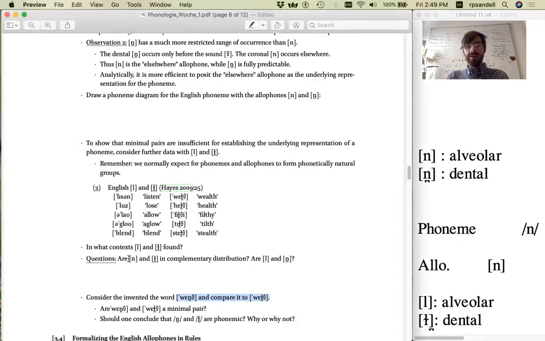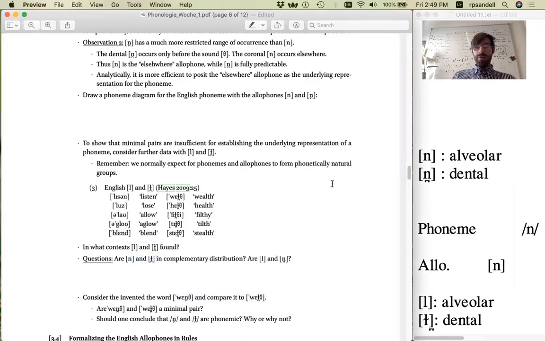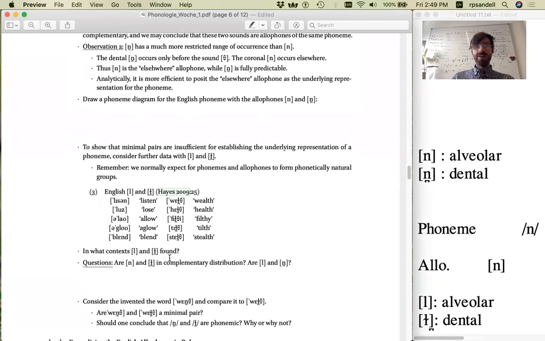So that shows us that even though the respective alveolar and dental sounds for both the lateral and the nasal are in complementary distribution with one another, and therefore it would be licit to try to say that they belong to the same phoneme, the method of minimal pairs tells us, no, actually, the nasal and the lateral must belong to different phonemes, regardless of what allophones we're dealing with.